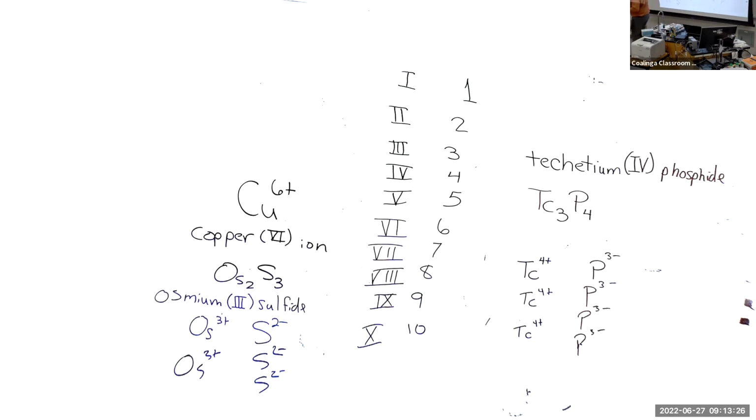Okay, so now I'm gonna introduce you to these guys here, which are also called monoatomic ions. They're separated. For instance, when we talk about the copper ion, that is a monoatomic ion.